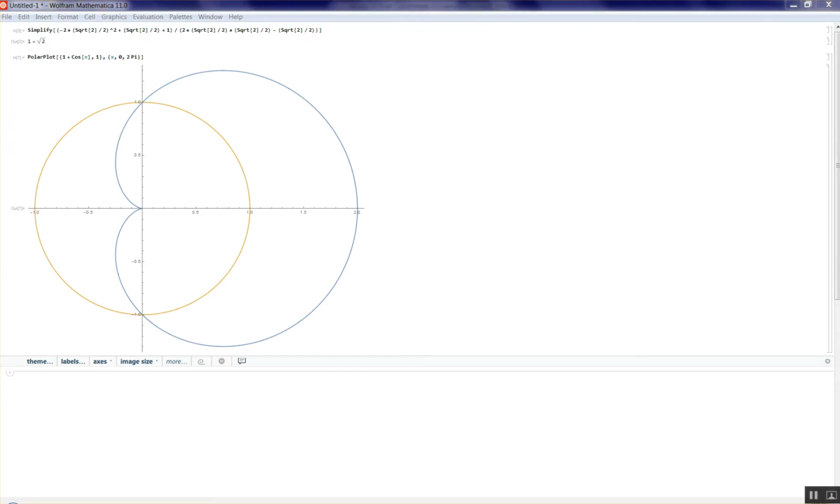For convenience, I have created that in Mathematica. So we are looking at the region bounded by these two graphs, basically this shaded area. And this shaded area can actually be divided into several pieces.